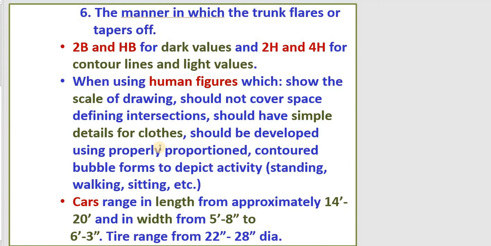So that's why everything is simple. Do it simple, please. It should be developed using proportion, contour, and simple form to depict activities: standing, walking, sitting. For example, that means you show the position of the people to support your drawing.